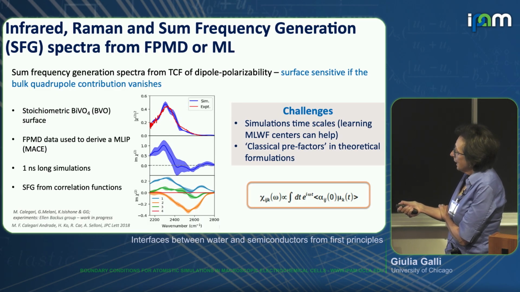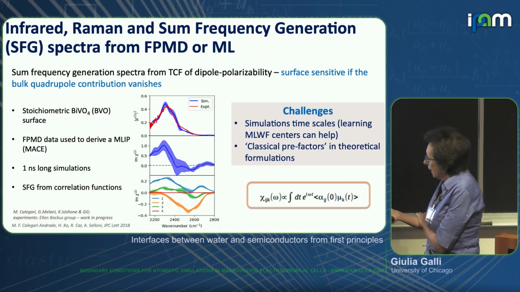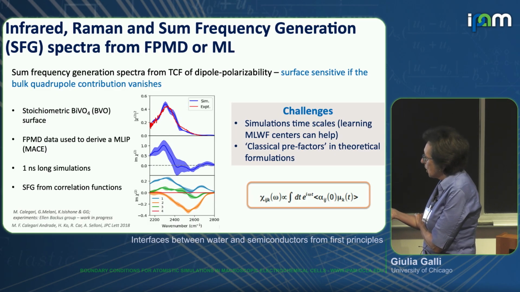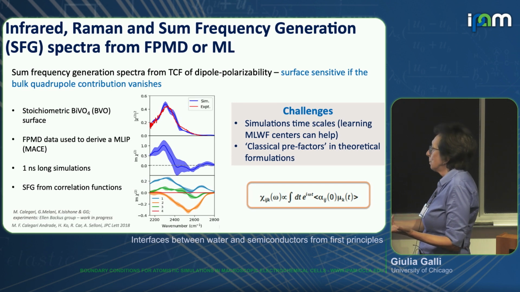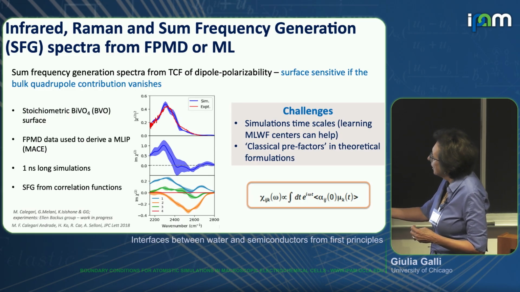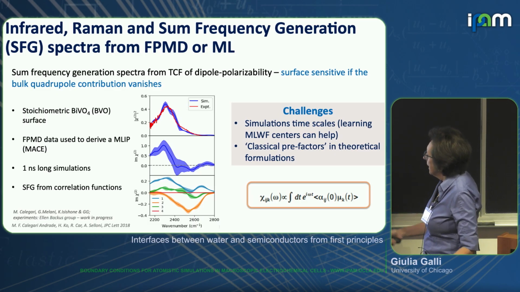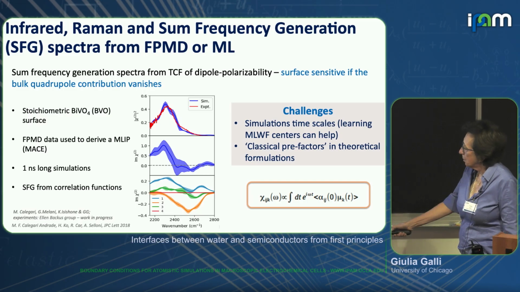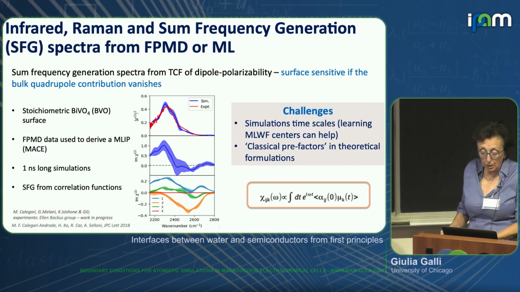But for the stoichiometric bismuth vanadate surface, by fitting first principles data, actually done with MAZE, and deriving a machine learning potential, we could simulate very long times. I mean, for classical people, this is not long, but for me, it's incredibly long. And we could finally, we couldn't do this for a long time, have a sum frequency generation spectrum that starts resembling experiment, but this work is not finished. I'm just telling you that finally we can do this.